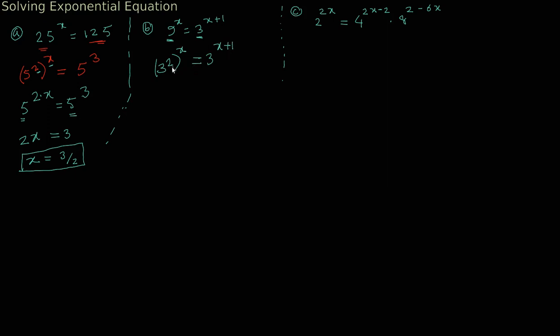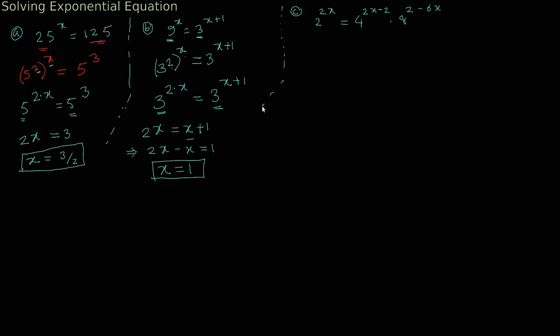So now 3 power 2 and then power x, so I can write 3 power 2 multiplied by x equals 3 power x plus 1. Both sides my base is 3, so I can write 2x equals x plus 1. Now I am going to bring this x to the left hand side, so it becomes 2x minus x equals 1, so I get x equal to 1. So this is the solution for my second problem.